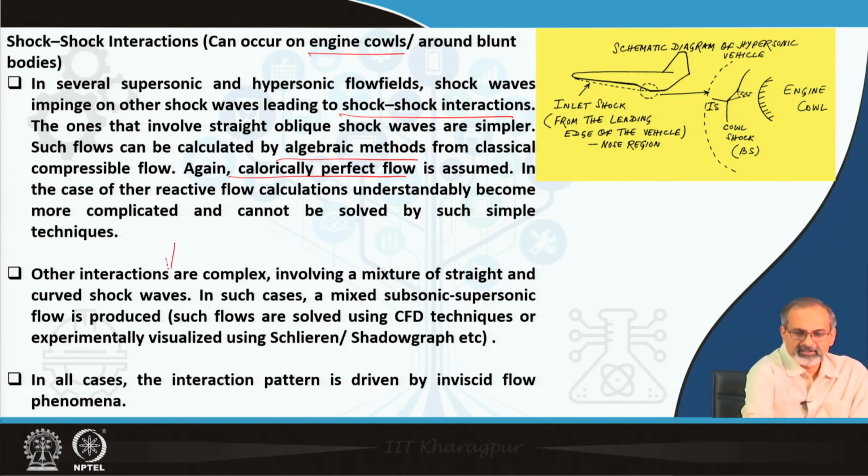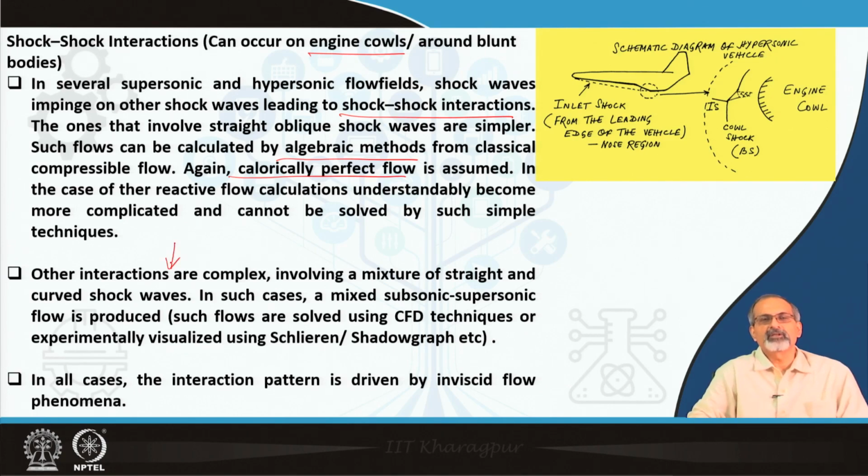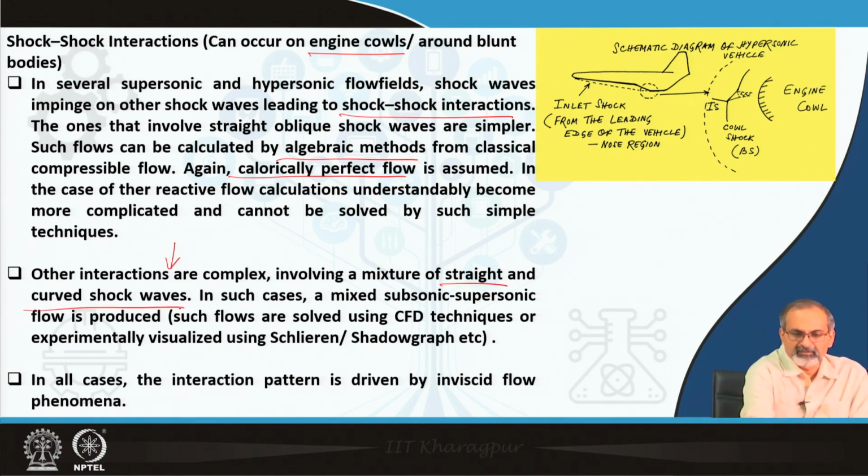Therefore, such interactions, first of all because of the reactions and because the shocks which interact with each other are curved or more complex, we have a mixture of straight and curved shocks.